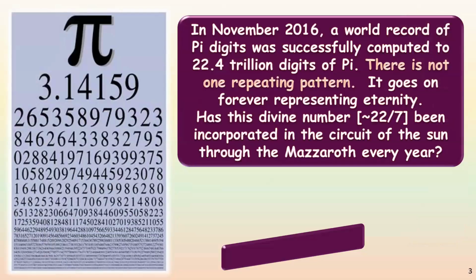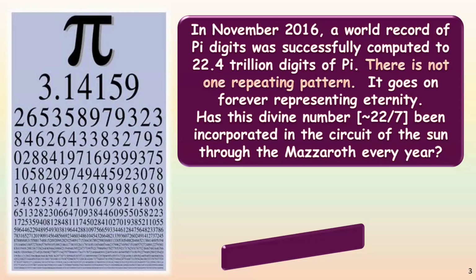In November 2016, a world record of pi was successfully computed to 22.4 trillion digits of pi. There is not one repeating pattern. That's important. I want you to remember that. Not one repeating pattern.